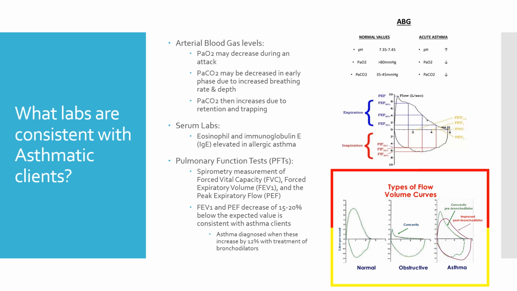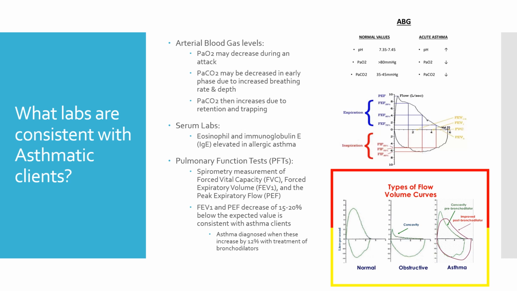Our CO2 may be decreased in the early phases due to the increased breathing rate and depth, the effort of our breathing. But then as the attack continues, our CO2 is actually going to increase because it's going to be retained and trapped.